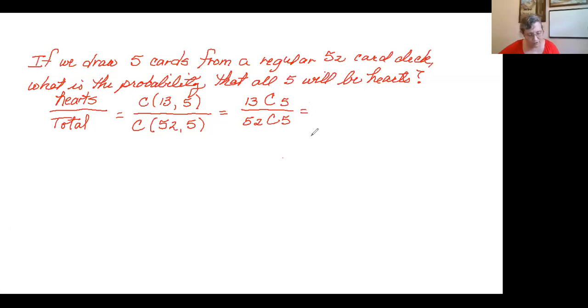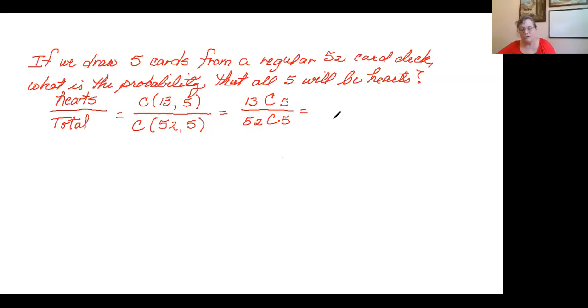So 13 choose 5. The way I work this on this calculator is I put in the 13, and then I hit the choose key. Since on this calculator it's over the 8, I have to hit the second function, then the choose key, then put in the second number, and then hit equals.